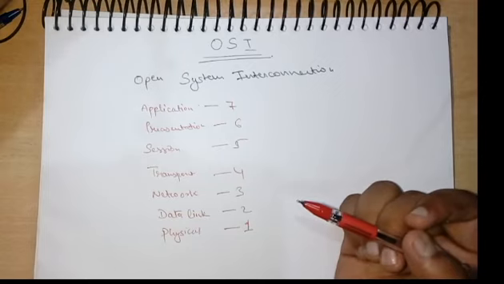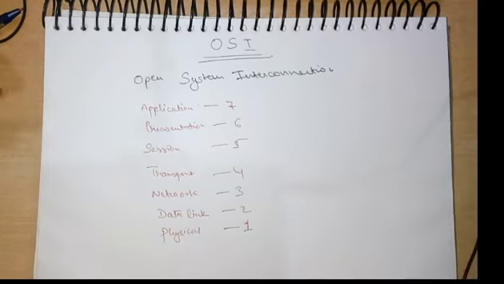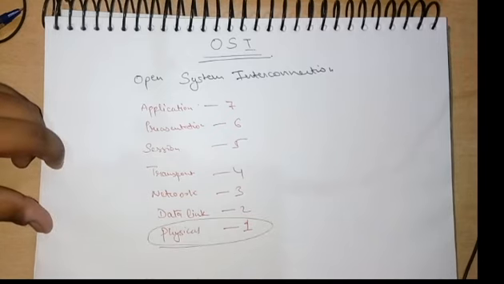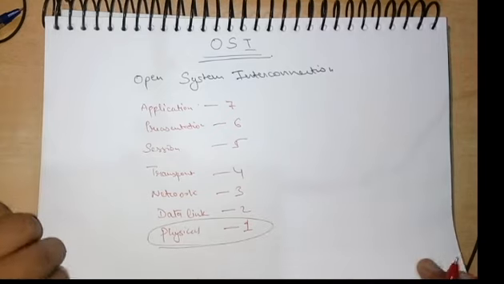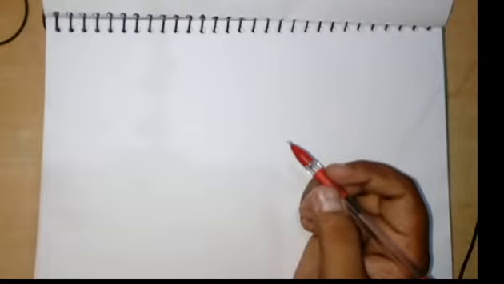Now let's continue in detail mode. So we are going first to the physical layer. Physical layer is responsible for transmitting raw bit stream over a physical cable.